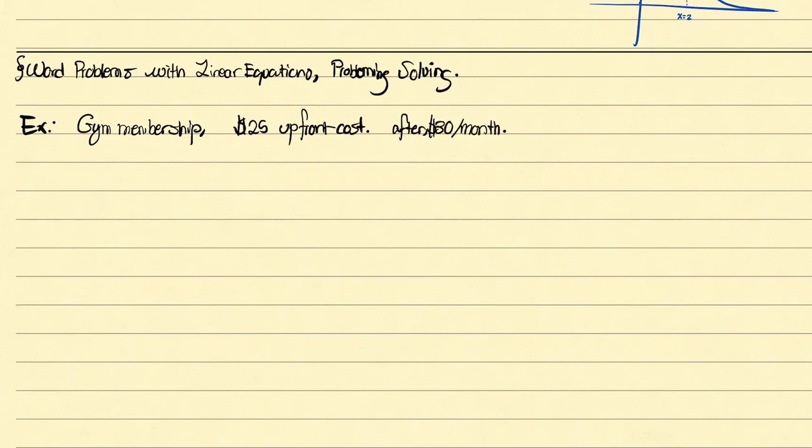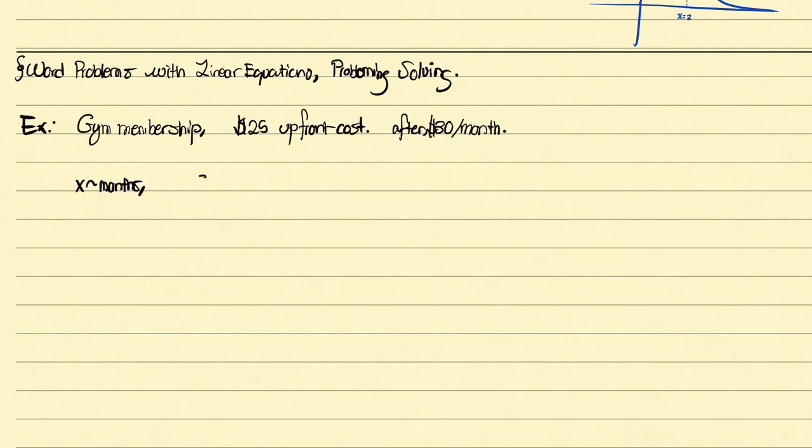What we can do is write down an equation that will describe your total cost for as many months as you want. So I'll say X describes months. So X is a variable and it is in months.